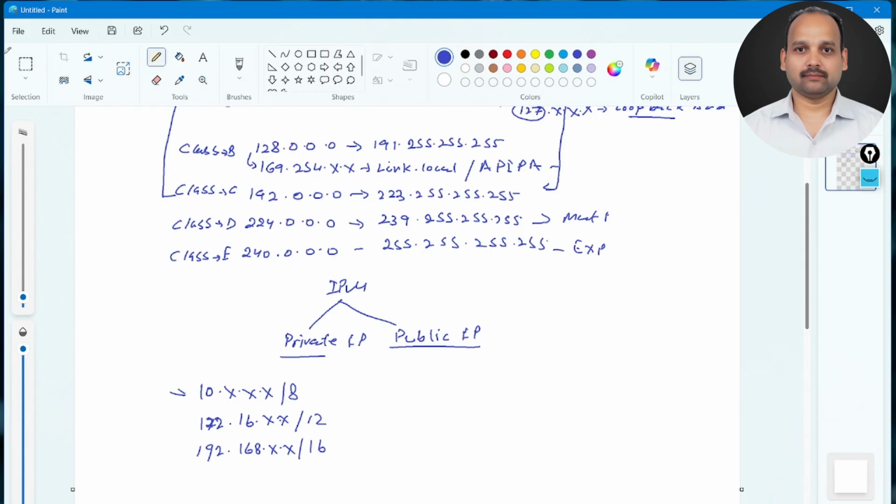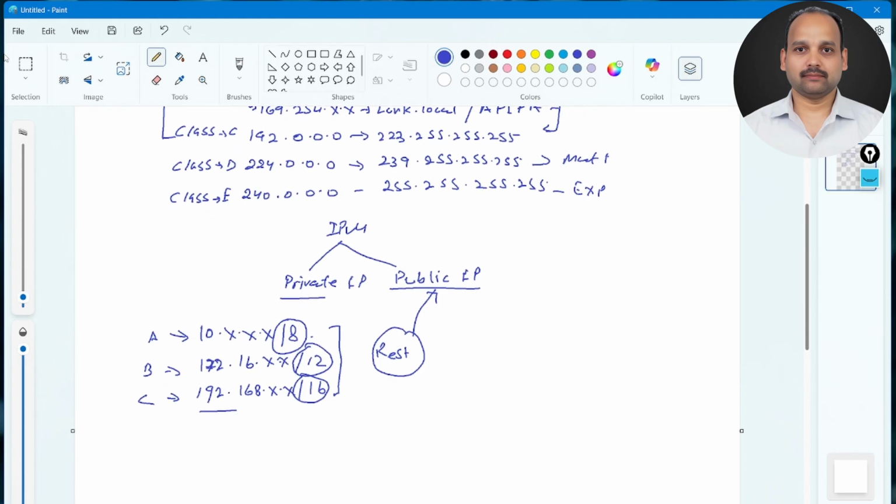So these ranges of class A, class B and class C are for private use, and the rest of all the IPs are public IPs. We will discuss later the purpose of this notation or the bits. We learned all these things in the day 1 class.